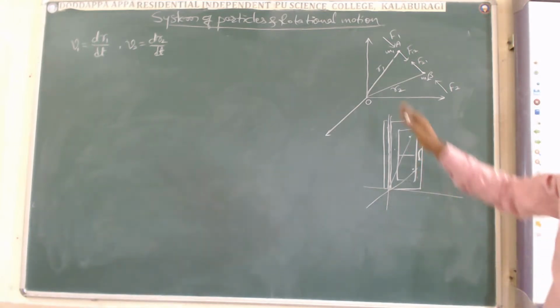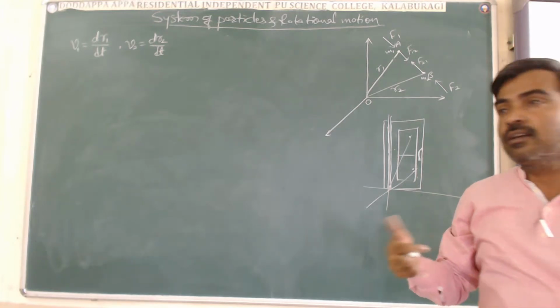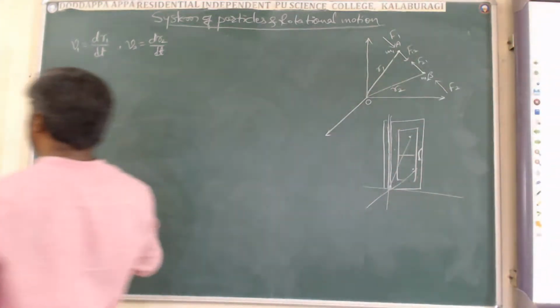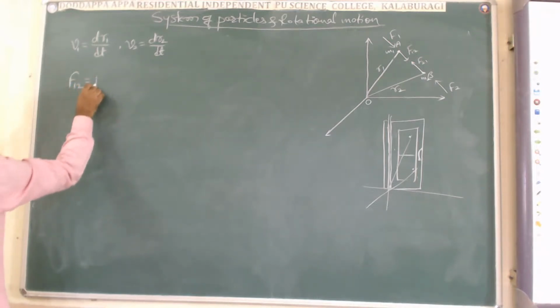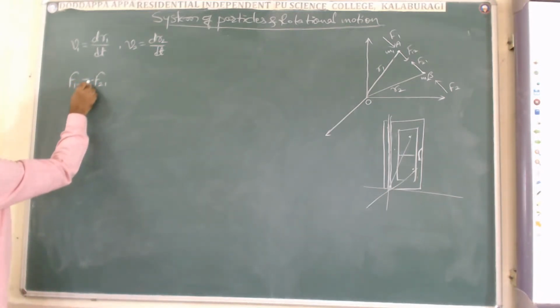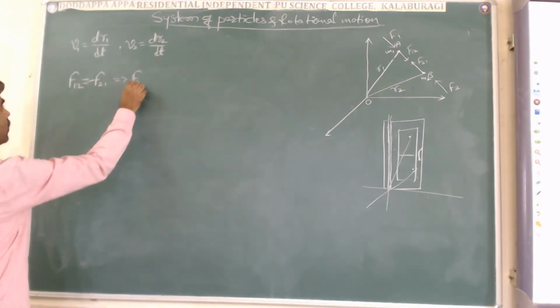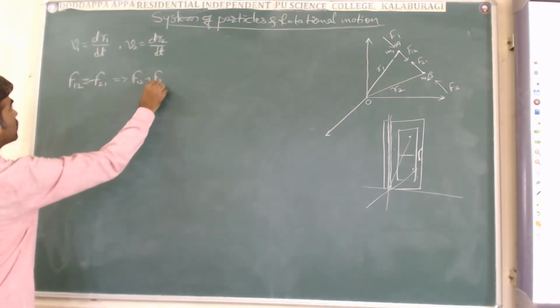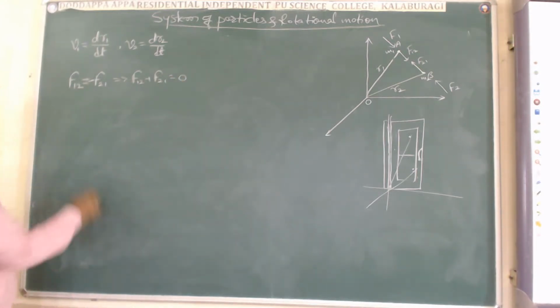As per Newton's third law, the forces acting on each other are equal and opposite. Then we can write F12 is equal to F21 but in the opposite direction, that is minus. So the net of F12 plus F21 is equal to 0.